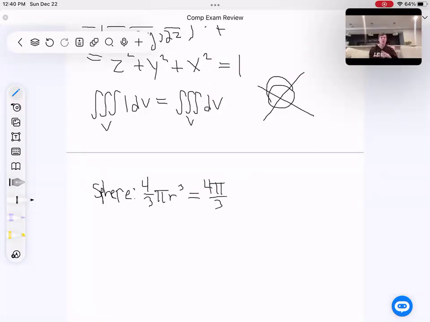We're only dealing with the positive z-axis, so really, we need to chop it in half. So the volume of V is going to be 4 pi over 3 over 2, and that's just going to give us 2 pi over 3. So really, this whole thing is going to be equal to 2 pi over 3.